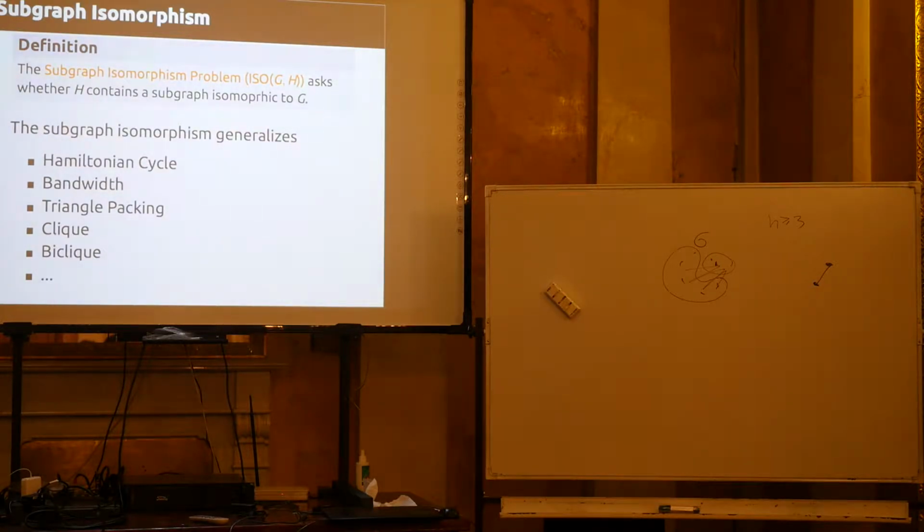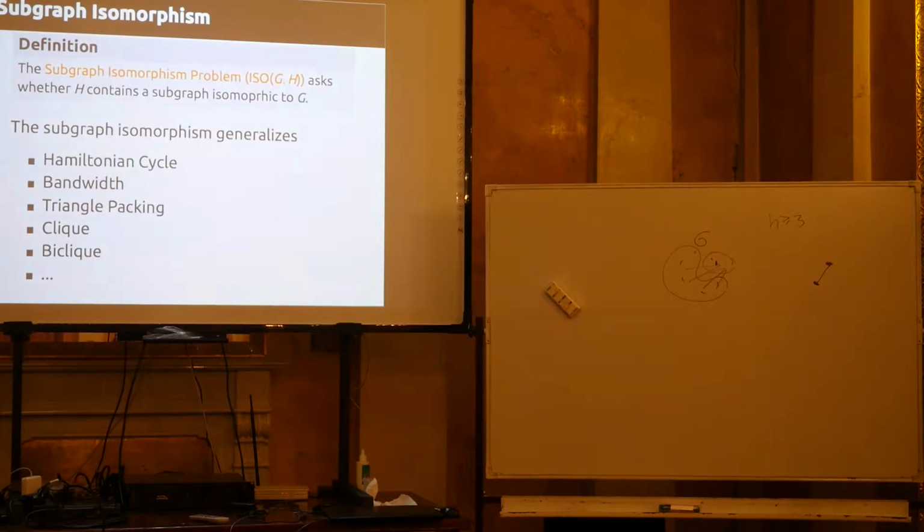This is what subgraph isomorphism is. You can be removing edges and vertices when I see G. And this problem is also nice. We saw that here we generalize Hamiltonian cycle, bandwidth, triangle, a bunch of important problems as well.